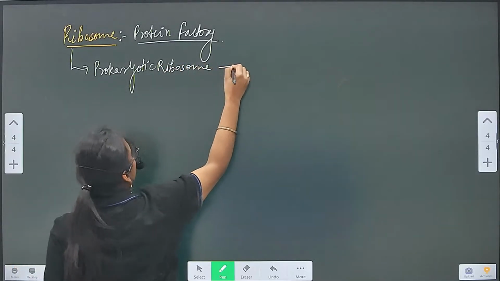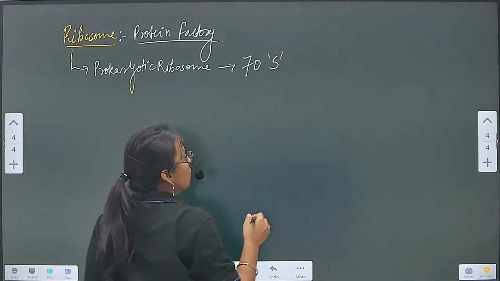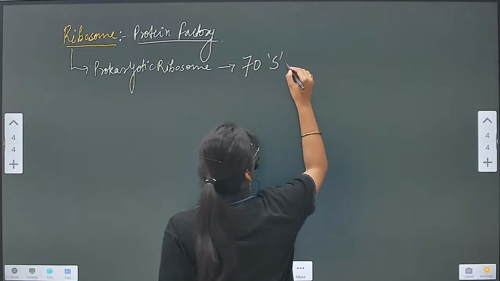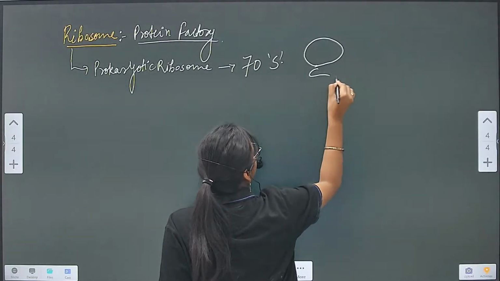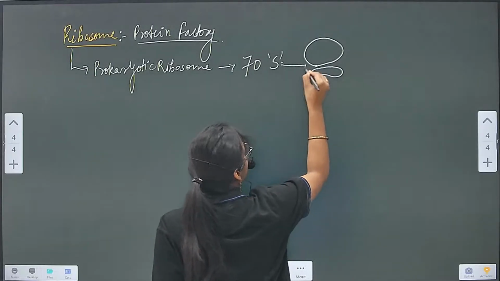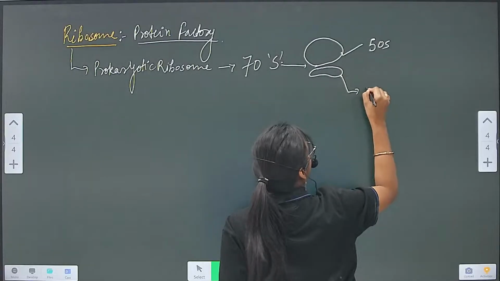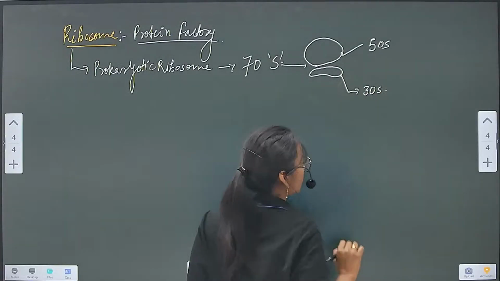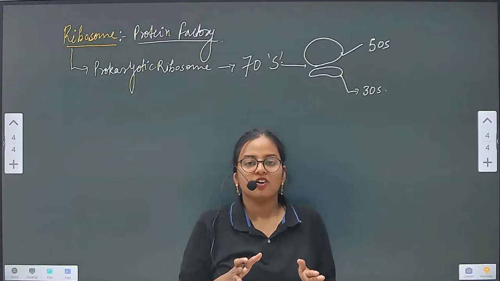is of 70S type. What does this 70S type mean? It means it has two subunits. The larger one is 50S and the smaller one is 30S. So the question is, ma'am, is this 70S also found in eukaryotes?